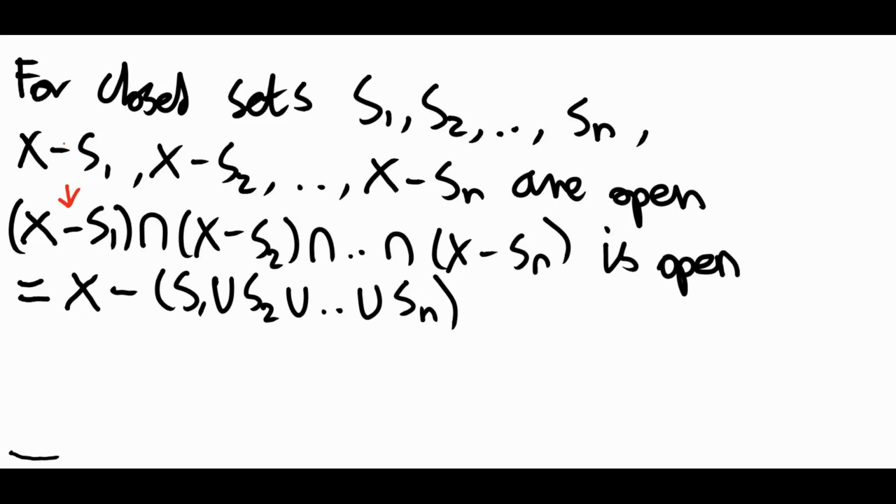It can't be a member of any of these closed sets Si. And also exactly the same condition defines the elements of this second set down here. This is precisely the set of all elements of X which don't belong to any of these sets Si. So these two sets are the same, and so X take away the union over all these Si is an open set.